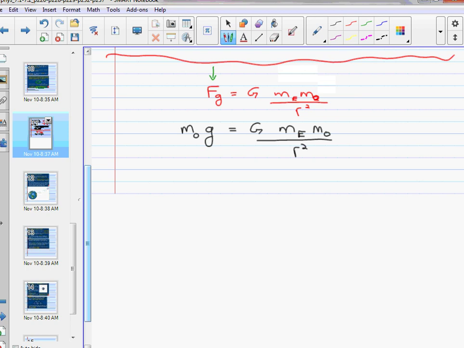And in fact, I don't even need the mass of the object. They're gone. Let's see if we can isolate the mass of the Earth there. Mass of the Earth, well, I'd have to multiply by the radius squared over here, g r squared, divide by the universal gravitational constant, which we experimentally found.